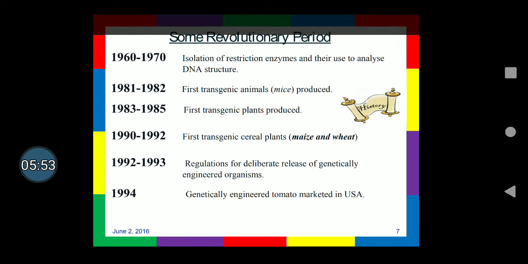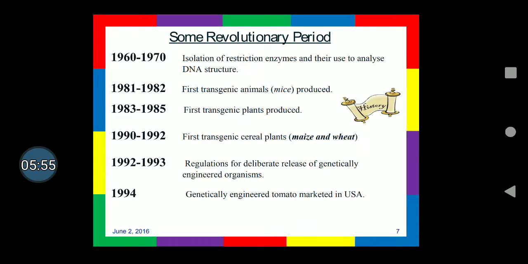Some of the revolutionary developments in the 1960s to 70s were the isolation of restriction enzymes and their use to analyze DNA structure. This is one of the tools used in the production of GM foods and GMOs, genetically modified organisms.